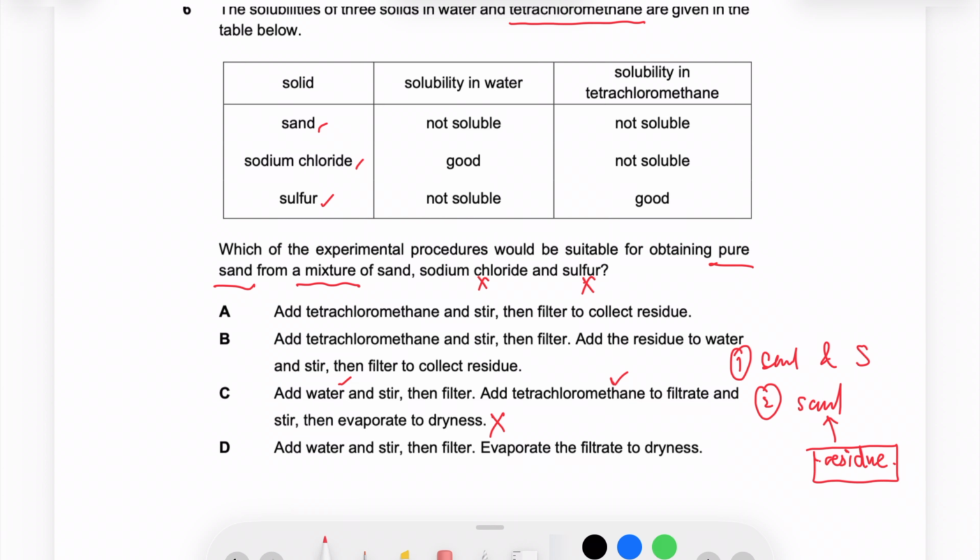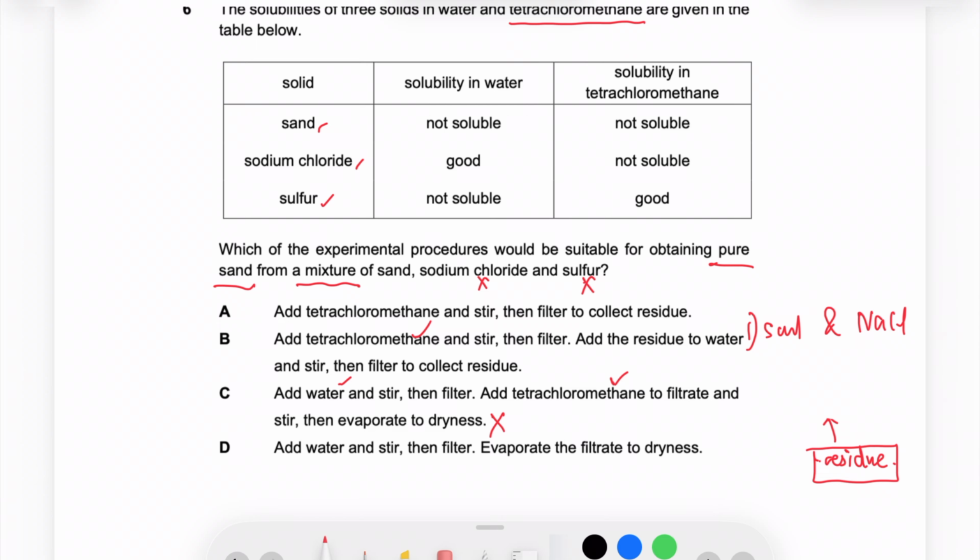So the answer should be B. So when you add tetrachloromethane, let me redo this part again. When you add tetrachloromethane, sulfur will dissolve, so you only are left with sand and NaCl. Then after that you filter, so it's the residue.